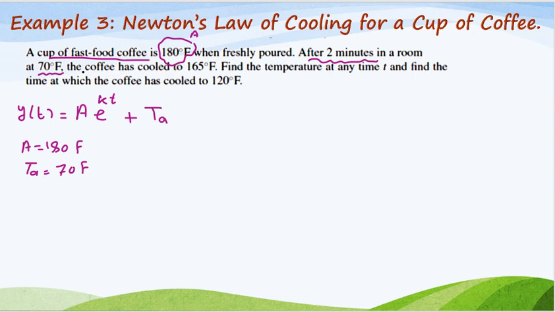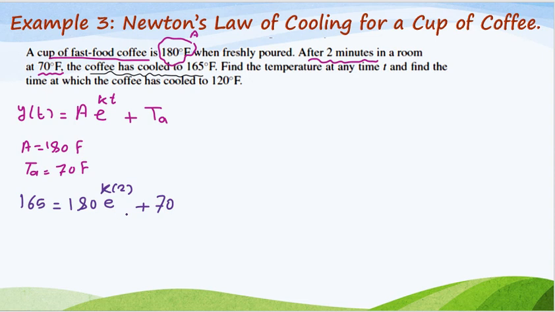But here the coffee has cooled to 165, so we can write 165 is equal to 180 times e to the power k times 2 minutes, plus 70.